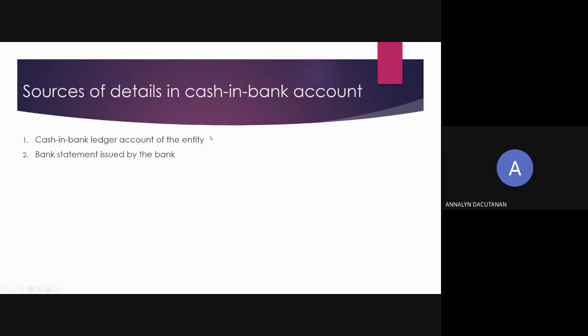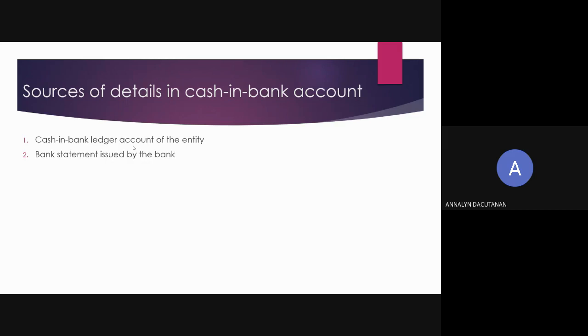So guys, si company, nagme-maintain yan ng cash in bank account. So, si company, meron niyang libro, tinatawag na books ni company. And on that book, merong specific T account, merong specific ledger na ang heading is cash in bank. Ibig sabihin nun, eto yung pera ng kumpanya sa bangko.